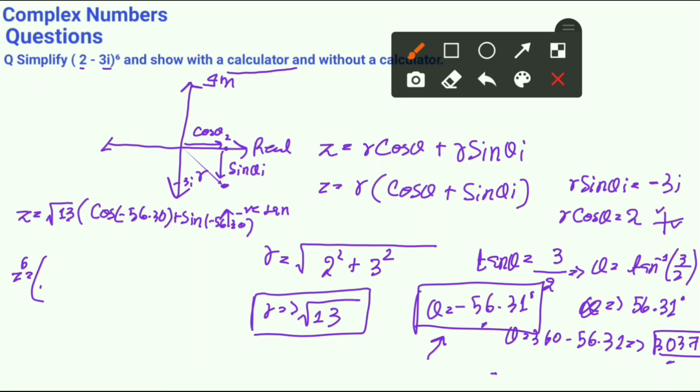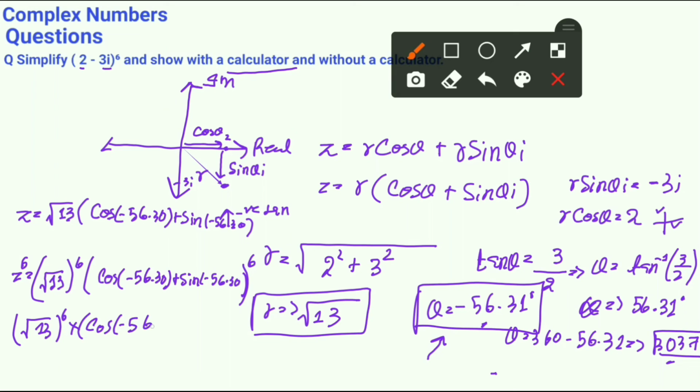Then if I make a power of 6, it's going to be root 13 to the power 6, multiplied by cos of minus 56.30 times 6, plus i sine of minus 56.30 times 6, and so forth, you will get the value. So let's see how it is. Now let's see this.